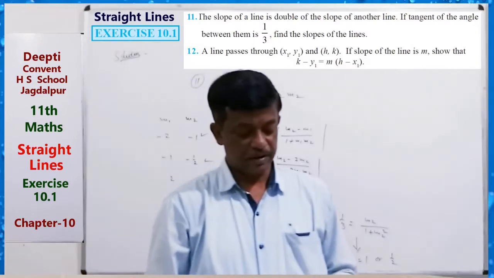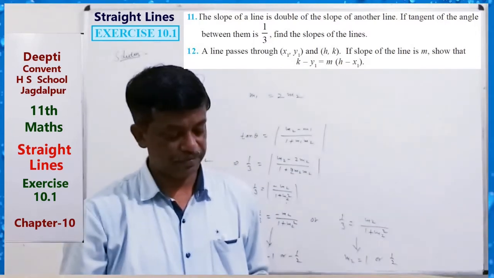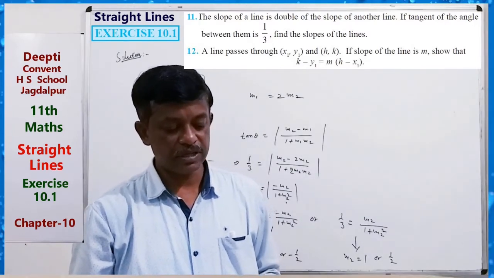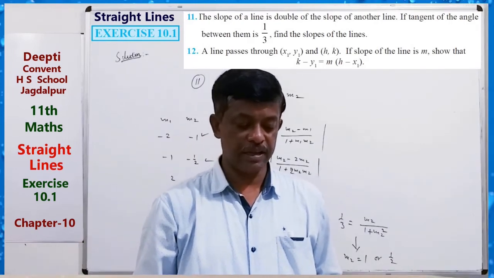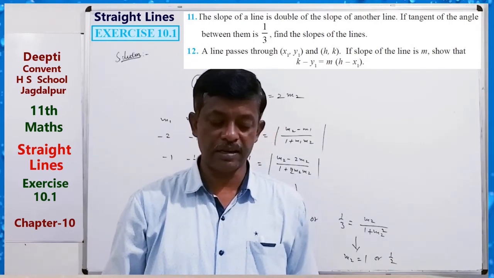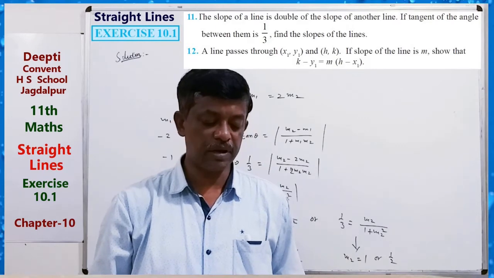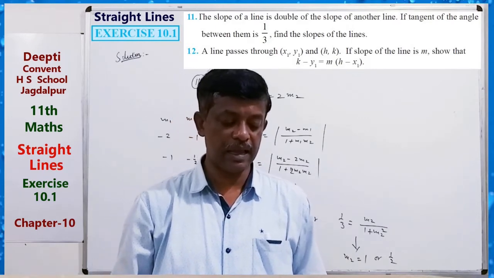Okay. Now question 12. A line passes through x1, y1 and h, k. If the slope of the line is m, then show that k minus y1 equals m times h minus x1.